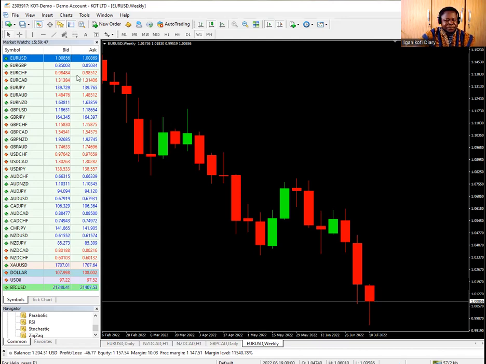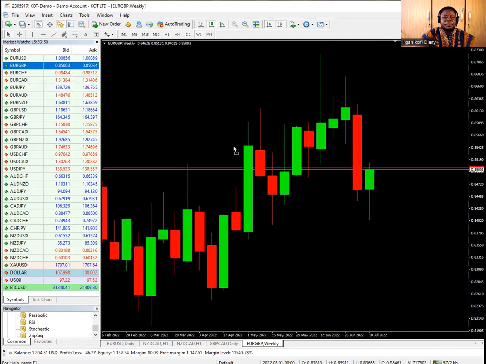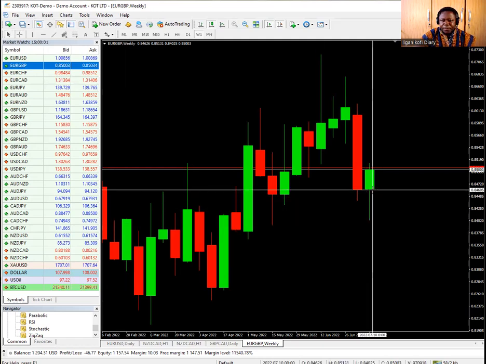Okay. Let's look at Euro GBP. Euro GBP, we are looking at a sell. But Euro GBP ended at a bullish trade. But let's look at it and see whether it's a win or a loss. The market opened here. We saw some sell up there, down about 58 pips.